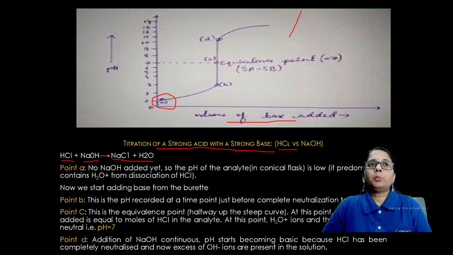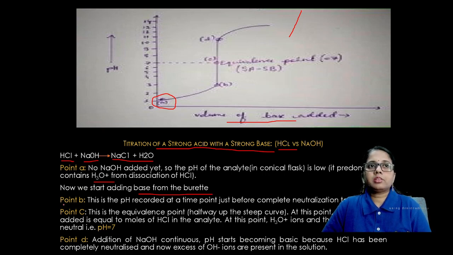So at point A, no NaOH is added, so the pH of the analyte in the conical flask is low. It predominantly contains H3O plus ions from the dissociation of HCl, hydronium ions, not hydroxyl ions. Now we start adding base from the burette, that means we start adding the NaOH.